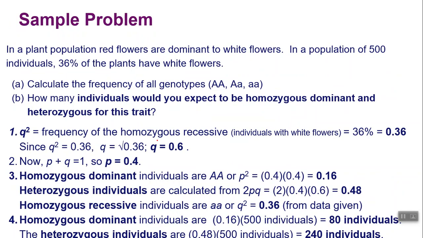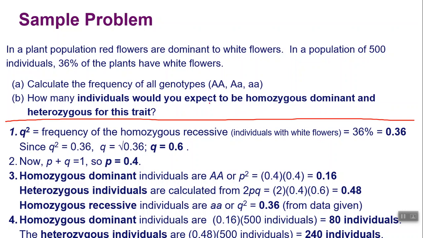So here we go. In a plant population, red flowers are dominant to white flowers. If you have 500 individuals, so in a population of 500 individuals, 36% of the plants have white flowers. They want us to calculate the frequency of all the genotypes.